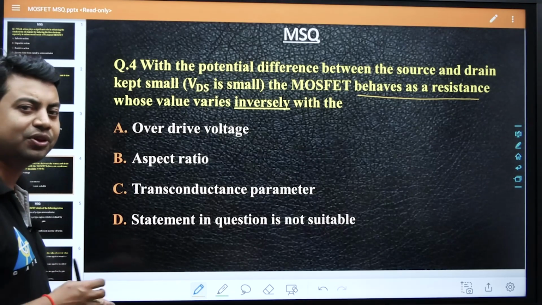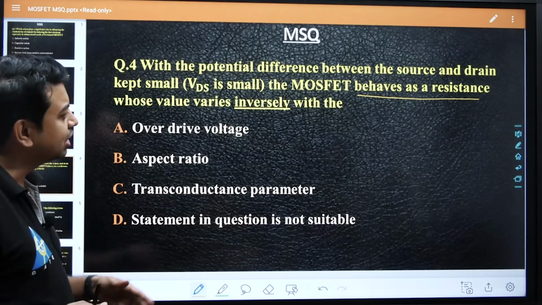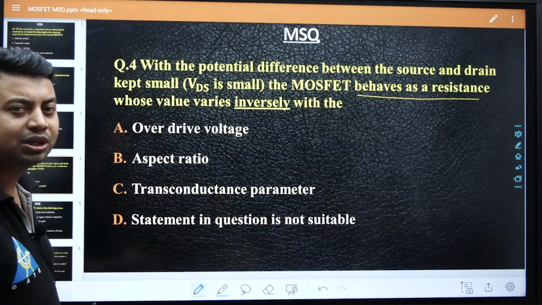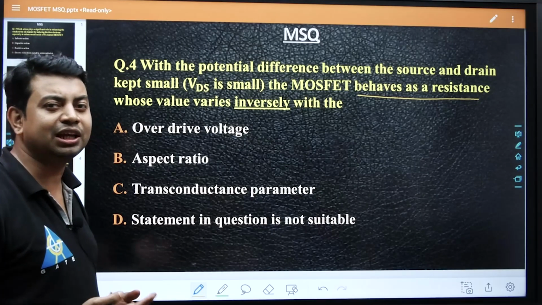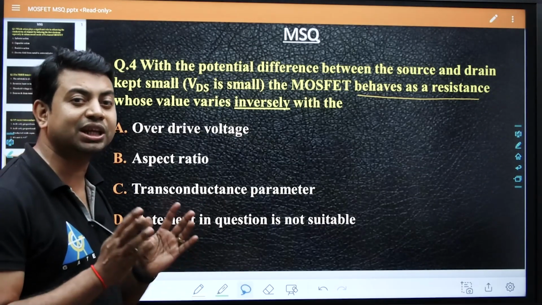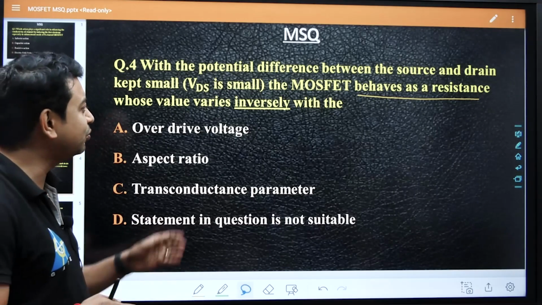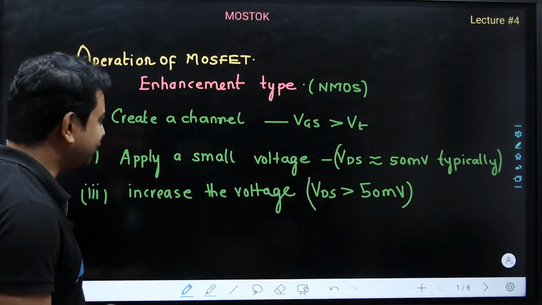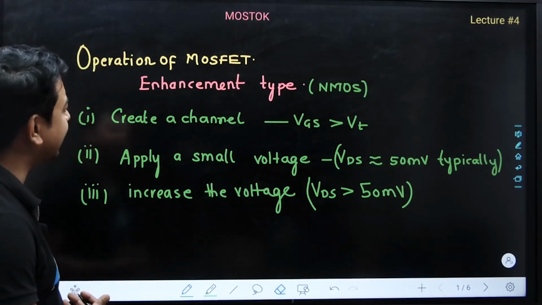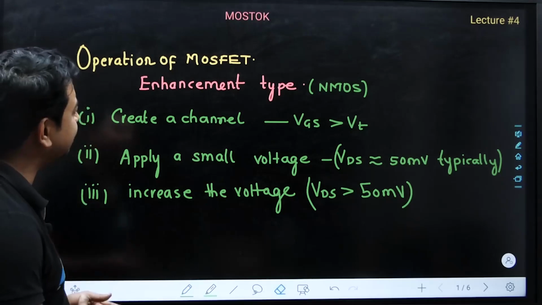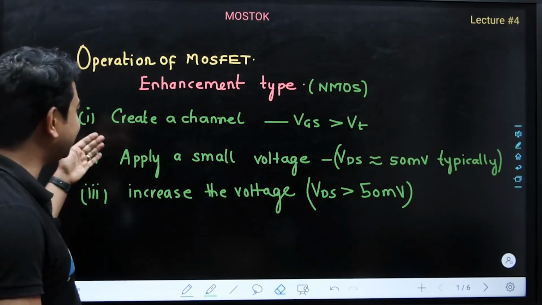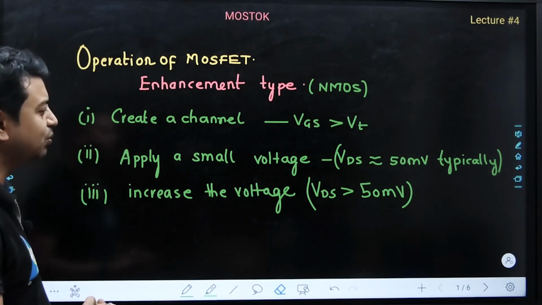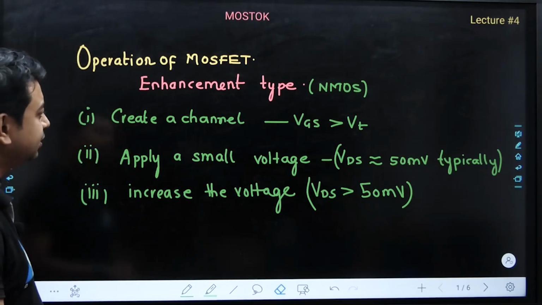These are three different parameters on which the resistance offered by your MOSFET will depend when we increase the voltage of the drain terminal, not the gate terminal voltage, and that voltage is very small. So this is one type of MSQ that we are going to solve here. You just have to understand these three things under the following topics: create a channel first, then apply a small voltage, then increase the voltage VDS above 50 millivolt.